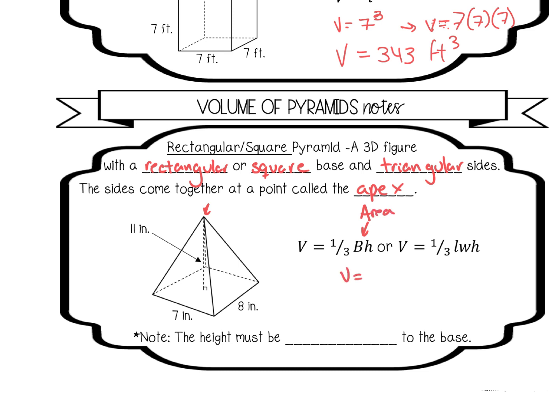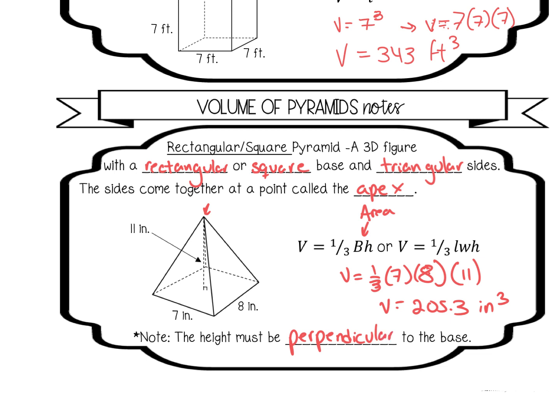So it's going to be 1/3 times 7 times 8. Again, the height is 11. So we're going to get a volume of 205.3 inches cubed. And note, the height must be perpendicular. I already said this before, but just restating it, it has to be perpendicular to the base.